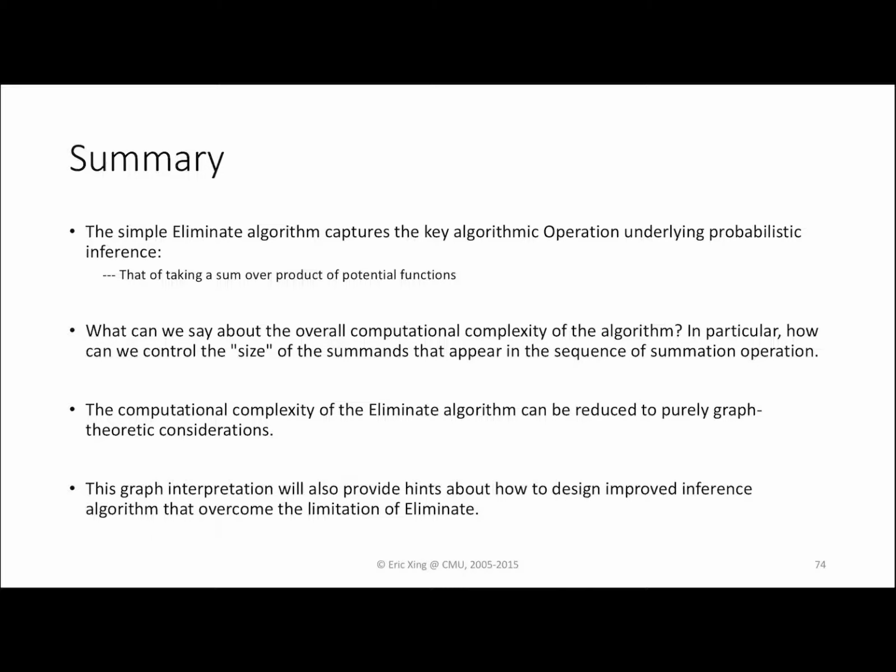If your graph is very simple, basically a chain, you can view it as a message that passes from variable to variable. But that does not work when you have a loop in your graph. If you have a looping graph, you have to view the message passing as a message that passes through a clique of the variables. And in the next class, we're going to talk about how to build these cliques and how to pass messages. Okay, that's it.